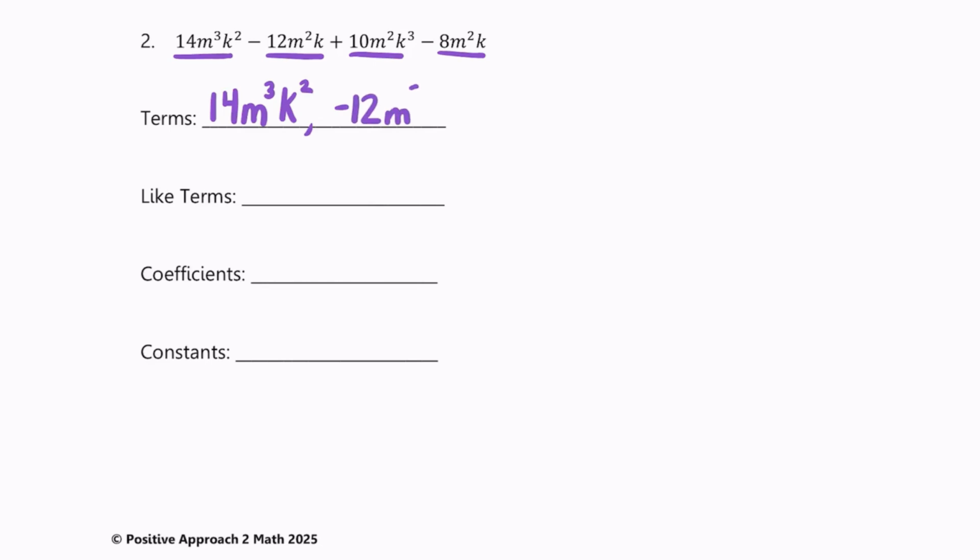And now you want to start, as I'm writing these down, or after you write them down, to look. Okay, so we see we have m and k in the picture. In order to be like terms, we need them to have the same amount of m's and the same amount of k's.